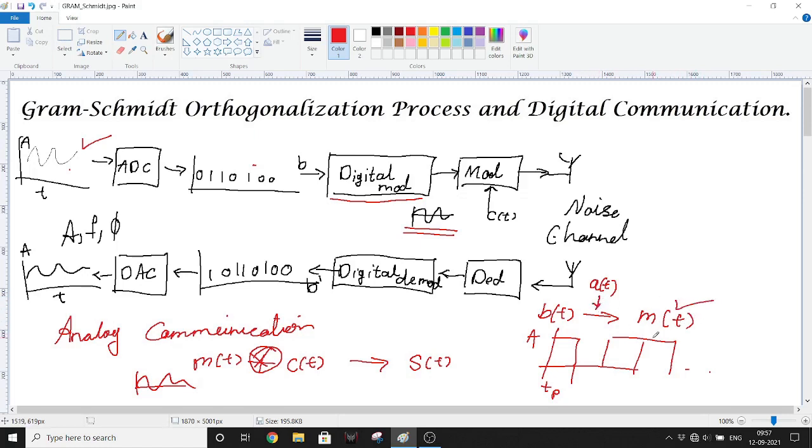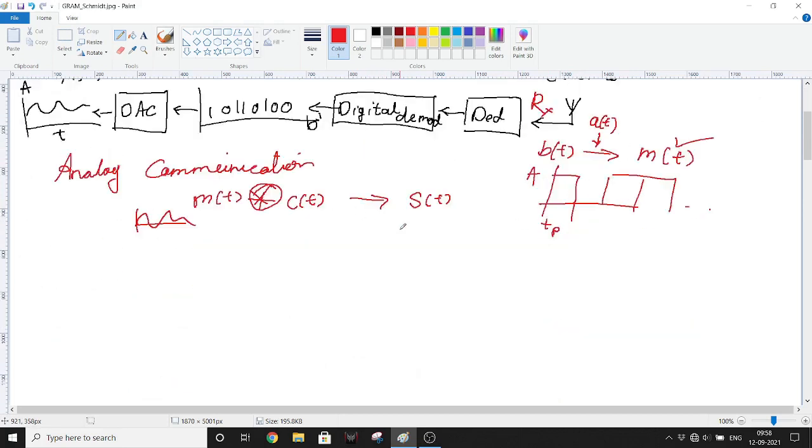Here, this is a message signal which is going to ride on the carrier signal to travel through the channel to the receiver. So today we will look into digital modulation techniques.